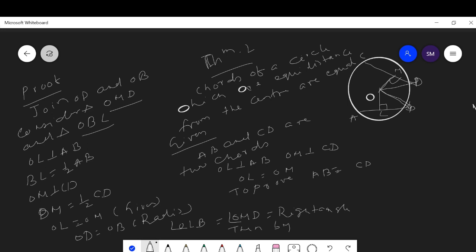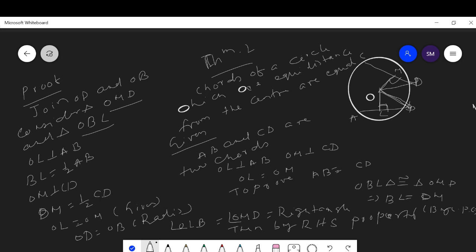Then by the RHS property, right angle, hypotenuse and side, these two triangles are congruent. Triangle OBL is congruent with triangle OMD, which implies that BL is equal to DM by CPCT, corresponding parts of congruent triangles.